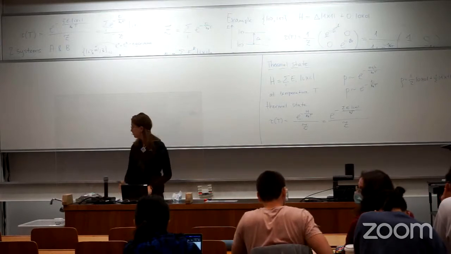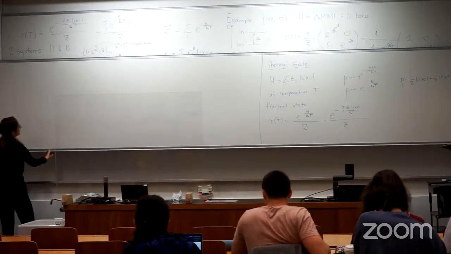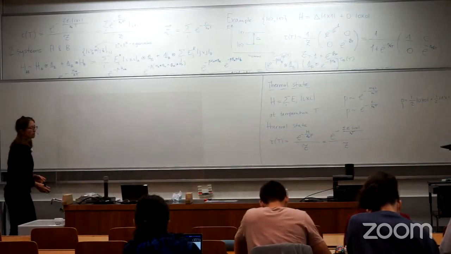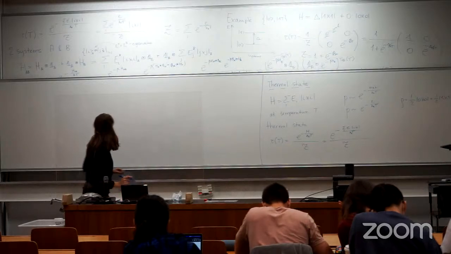Okay, so now that we talked about the form of the thermal states and some of its properties, let us turn to the temperature of the qubit, which was also discussed in the lecture.